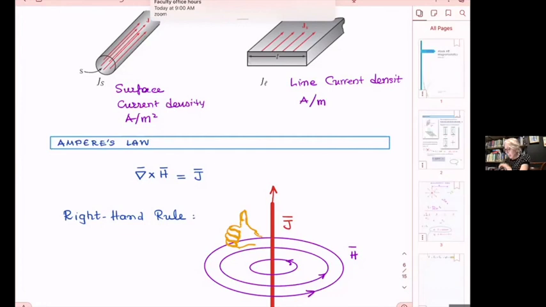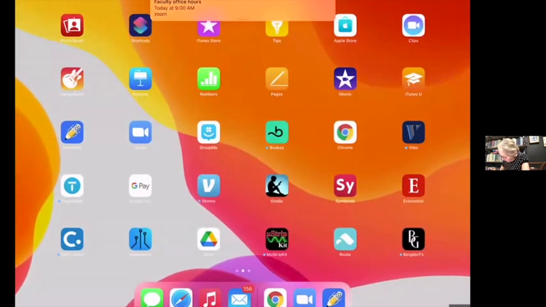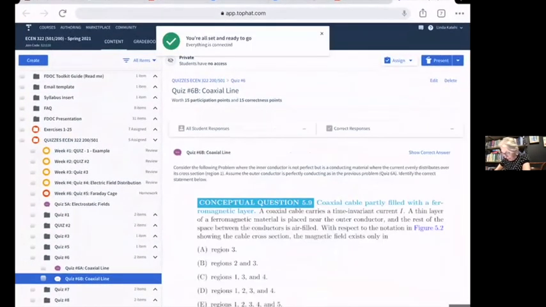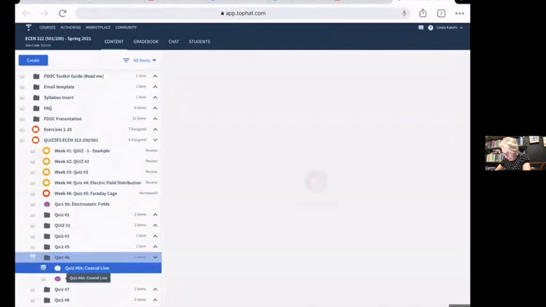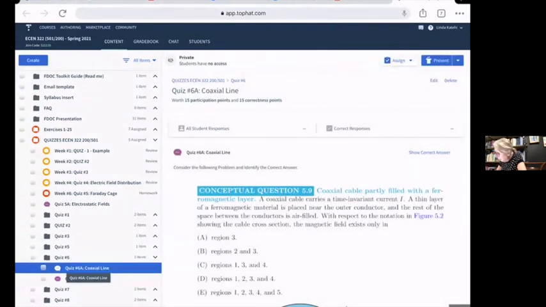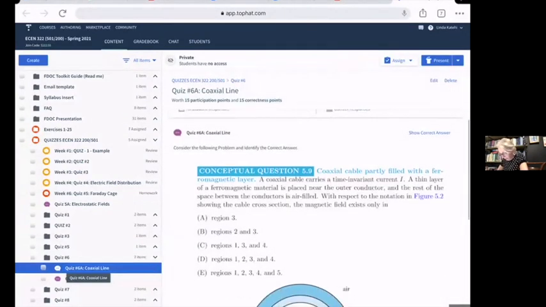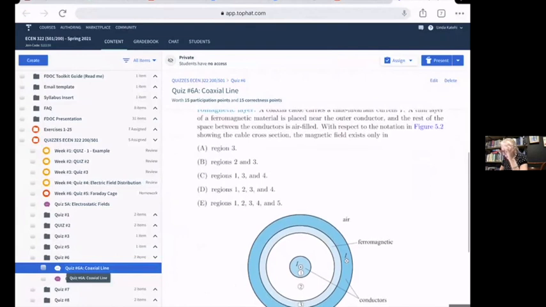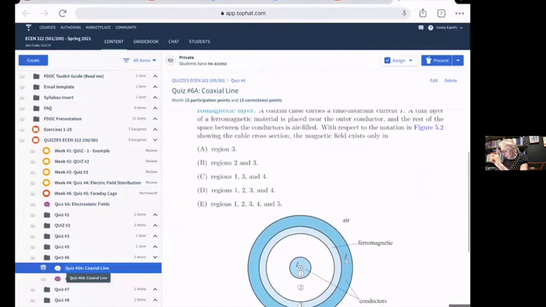Okay, the last thing before you go, I will give you a quiz, which is this one. The only thing that I have to do is to change how much you're going to get, which is going to be 60 points. I will assign this quiz to you today. Pay attention to this, this is going to be interesting.